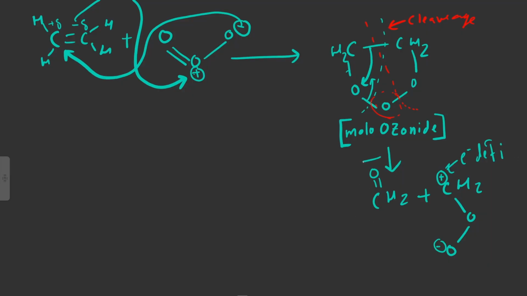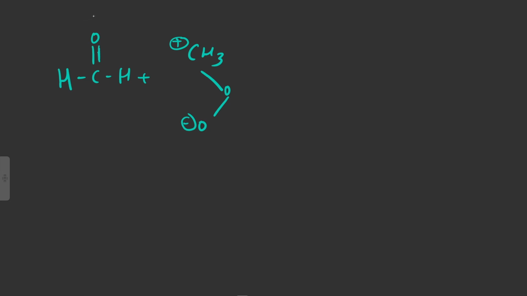Now this whole thing reacts with itself. This oxygen has a lone pair. If you don't know why it has a lone pair, go study chemical bonding. This lecture isn't for you. And there is also an electronegativity difference between this O and this carbon. So there is a negative del over here.